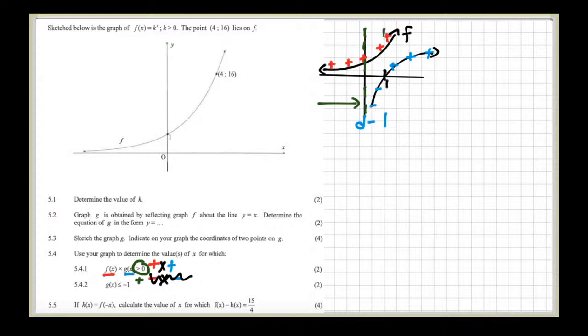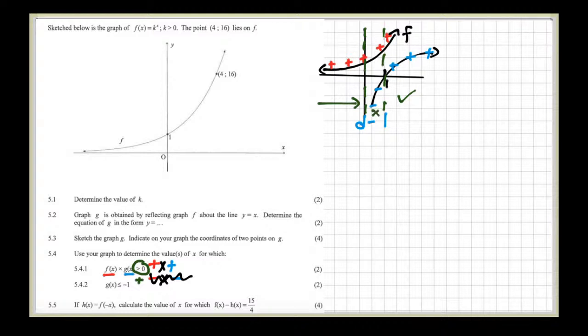Then the second set of domains is between 0 and 1. There I have a blue negative times a red positive. That's not what I'm looking for because that gives me a negative answer. Then from 1 onwards, I have a blue positive times a red positive. Oh, fantastic. That's what I'm looking for.